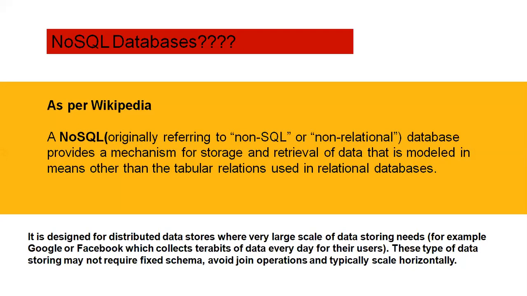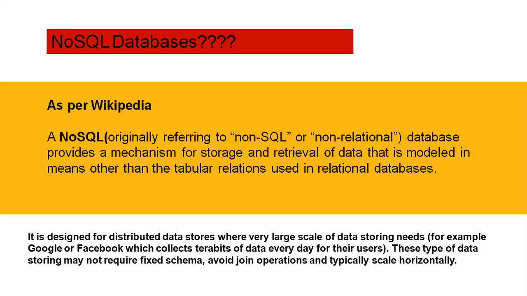So basically it is designed for distributed data stores. Earlier we were focused on central, that was client server, but if in reality we look at our surroundings, then we are working in distributed databases. So these NoSQL databases are designed for distributed data stores where very large scale data storing is needed.